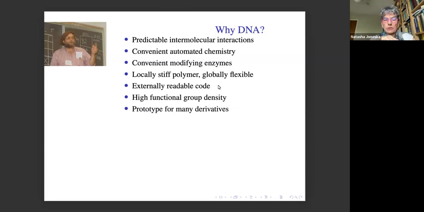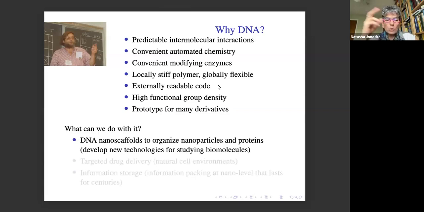There are now lots of different molecules being derived out of DNA with properties similar to DNA. What can we do with it? Well, DNA can be a scaffold because we can design very precise nanomaterials. It can be used as a scaffold for other particles and proteins.